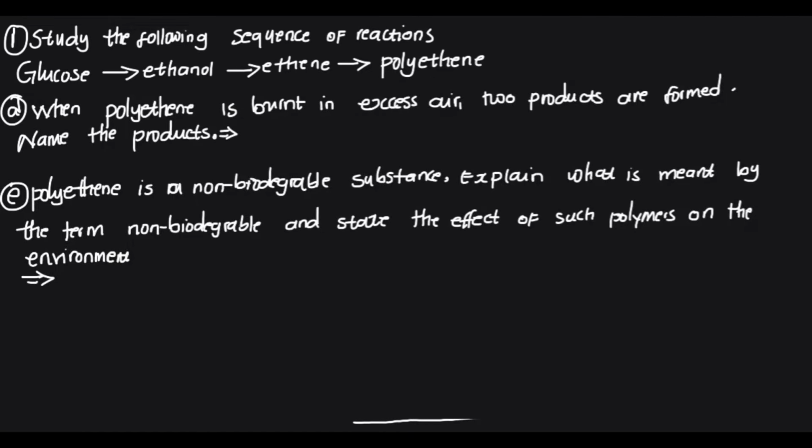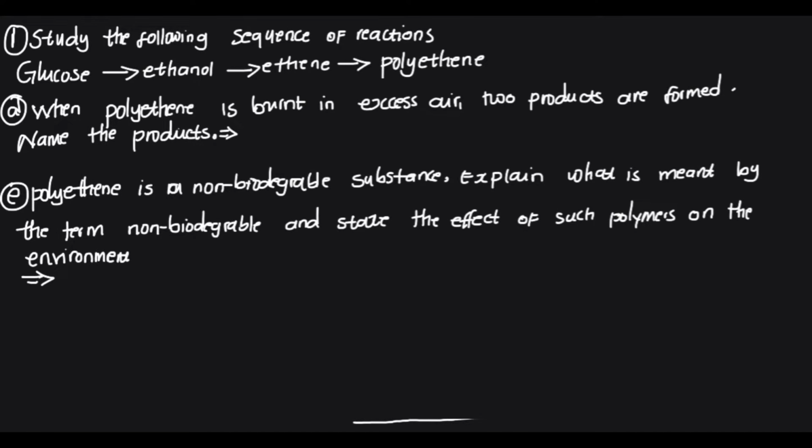Okay, so now we move on to question D. When polyethylene is burnt in excess air, 2 products are formed. Name the products. So when we look at a polymer burnt in excess air, we are looking at complete combustion.